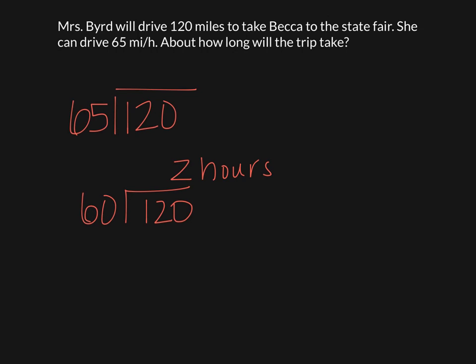And now this would be using our compatible numbers again, because I know that 65 doesn't go directly into 120, so I'm going to use compatible numbers and do 120 divided by 60. So about how long will the trip take? It will take about 2 hours for them to get there.